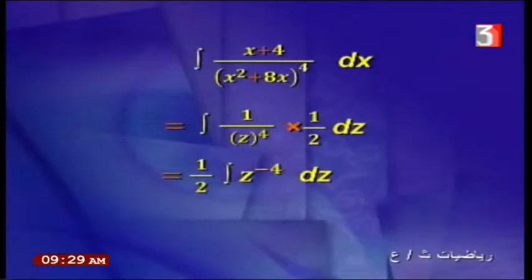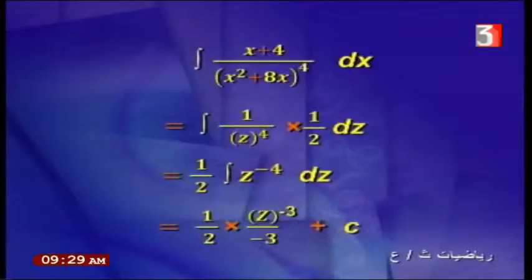The integration is now in terms of z. Then the integration of z power negative 4 equals z to the power negative 4 plus 1, which equals negative 3, divided by the new power negative 3, plus the constant c.